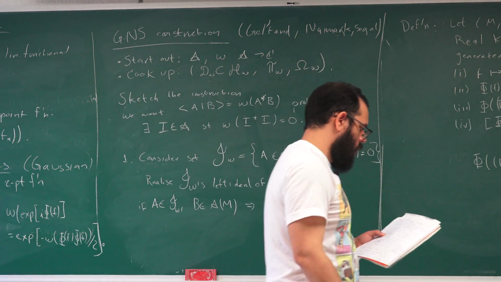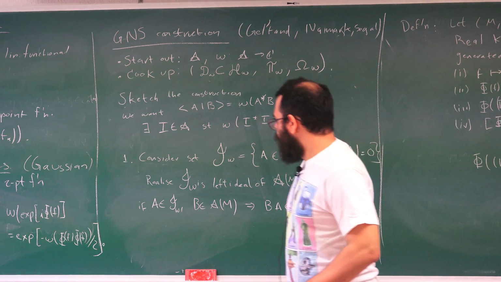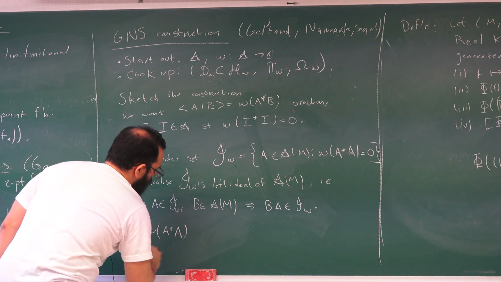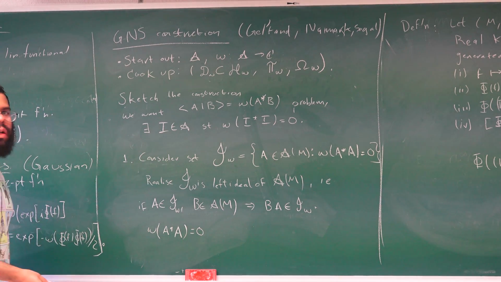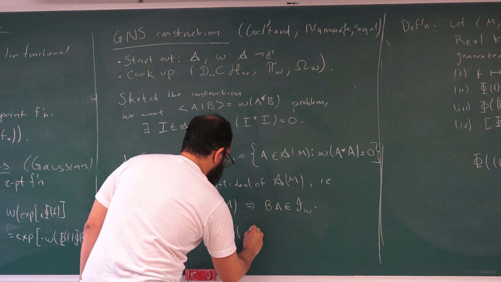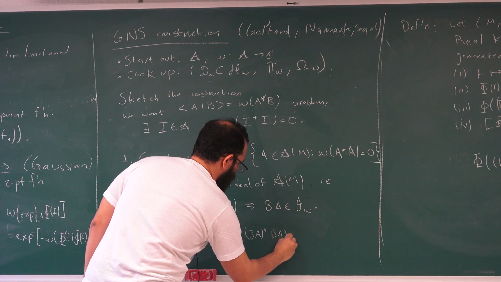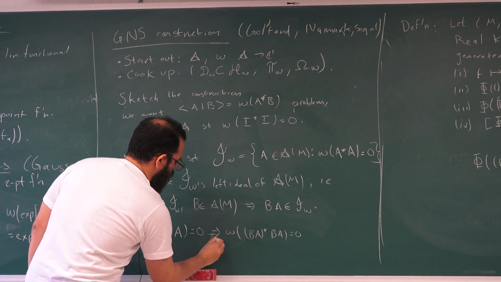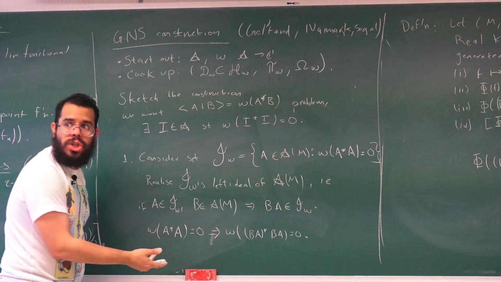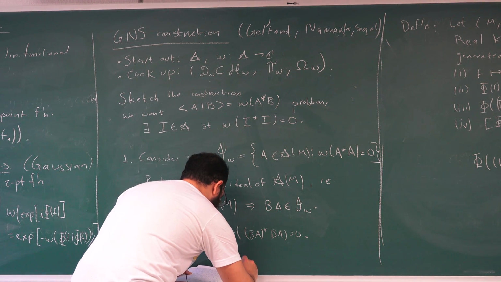You can show this because you can use the Cauchy-Schwarz inequality. I know that this is 0. That's the condition that it's in the ideal. And now I want to show that BA star BA is 0. The way to do this is to rearrange that and use the Cauchy-Schwarz inequality. So just so you remember what the Cauchy-Schwarz inequality is.